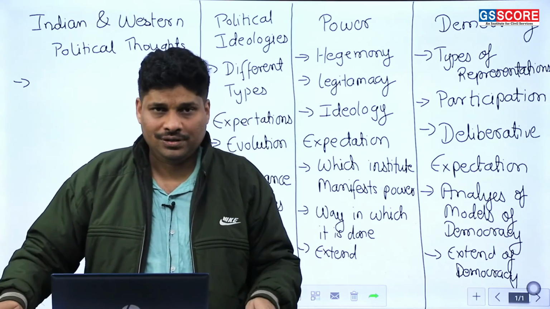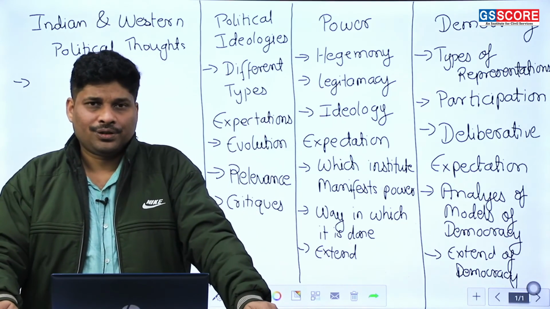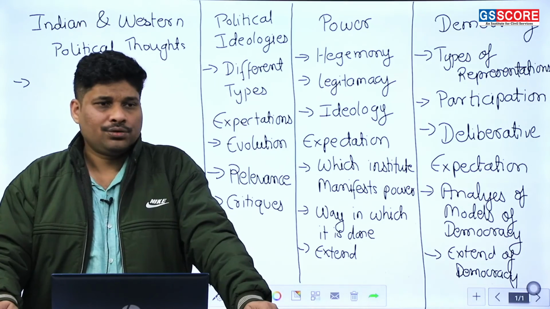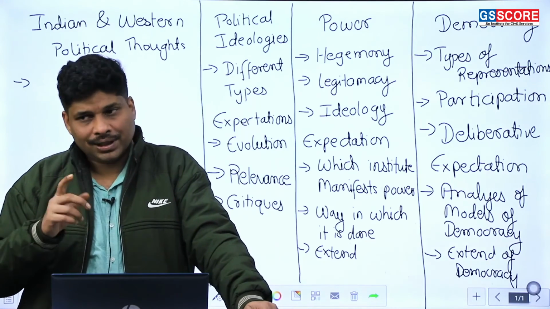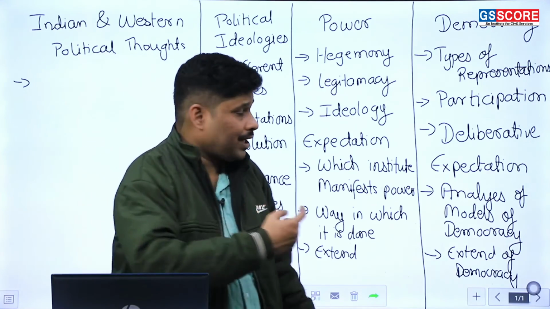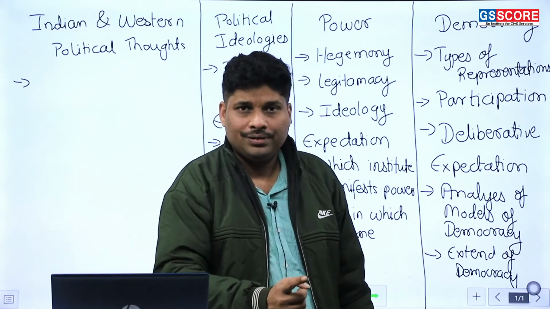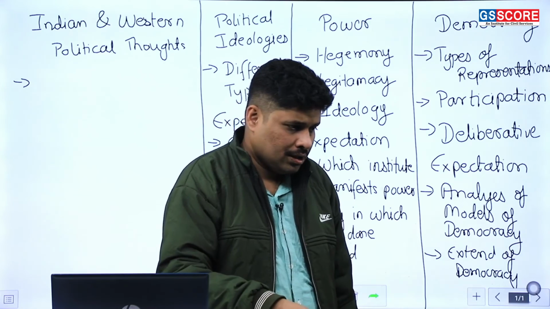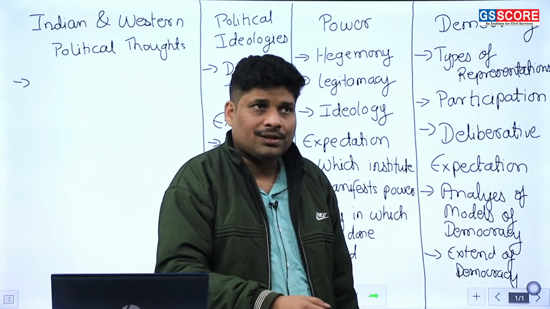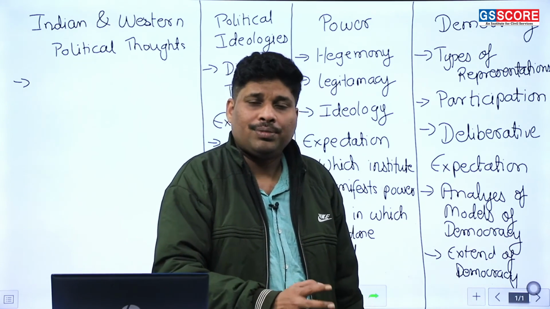For example, John Rawls. He is not mentioned in the bracket of thinkers, but he is important. Sometimes he is important to write answers on these thinkers. Where it has to be done, we will look into it. Then there are those thinkers which are not mentioned in the syllabus, but then they become important.